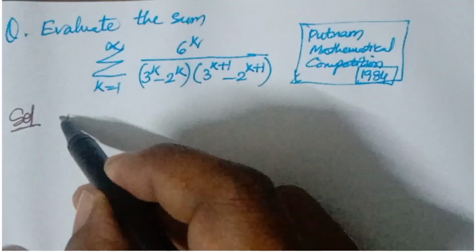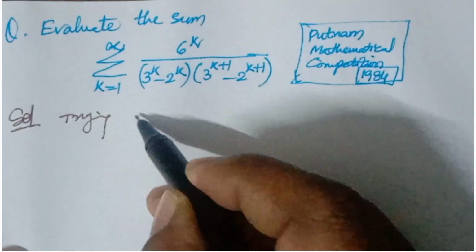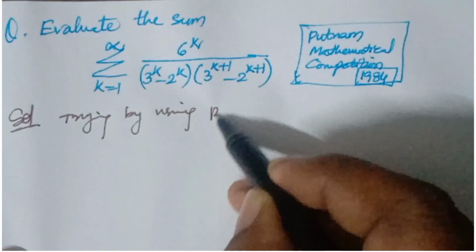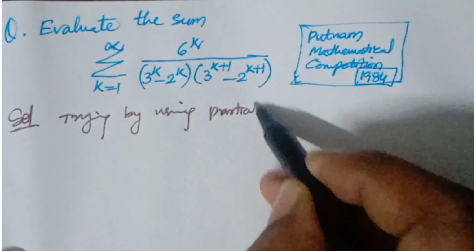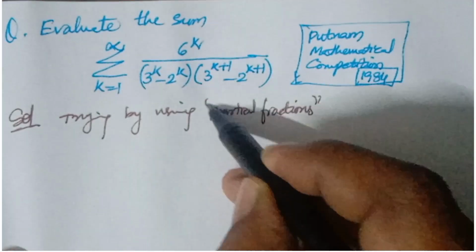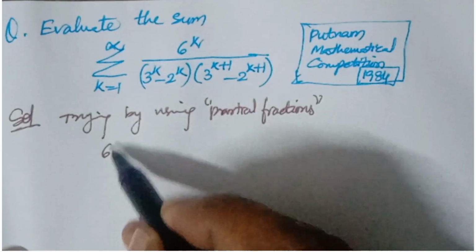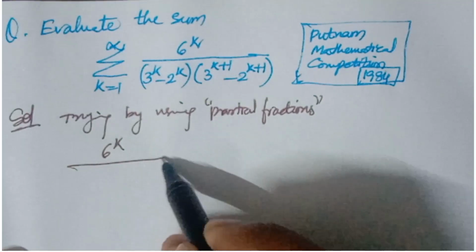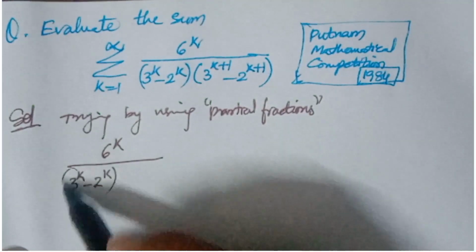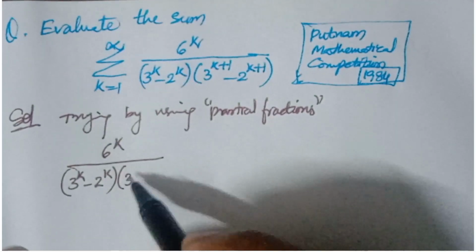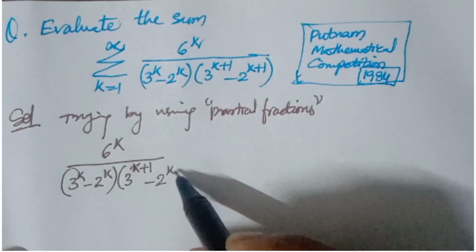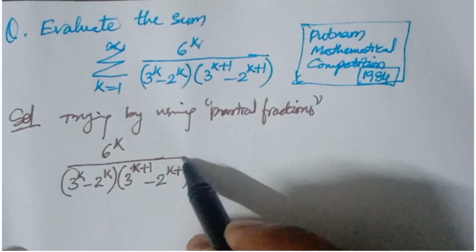So here you try this problem by using partial fractions. By using partial fractions, you will complete this problem. So here, 6^k by (3^k minus 2^k) into (3^(k+1) minus 2^(k+1)).